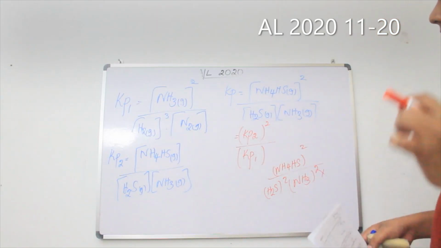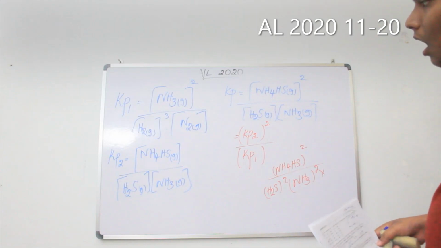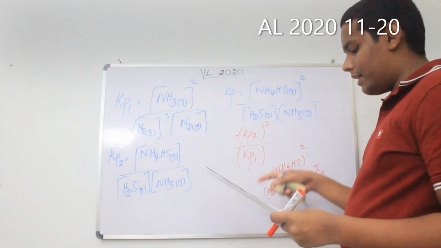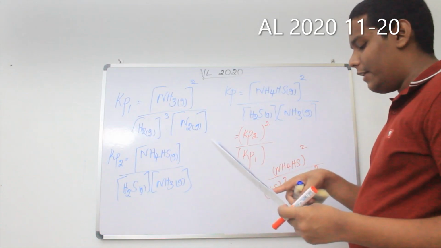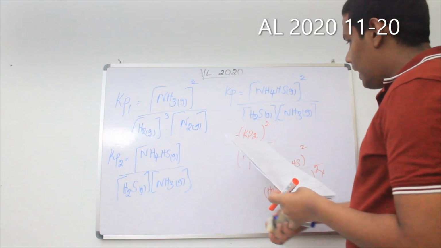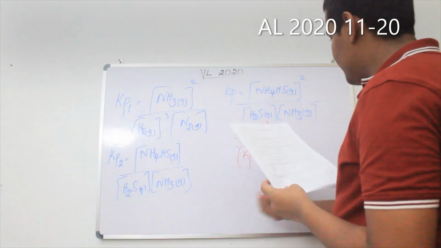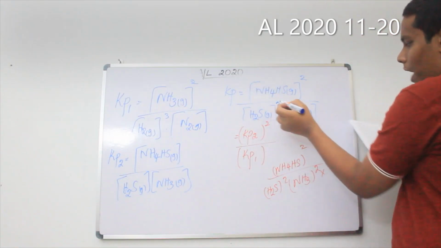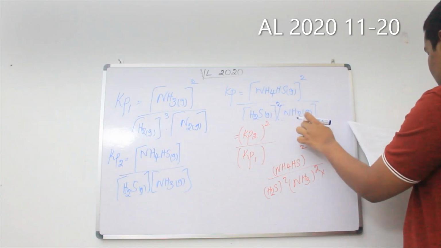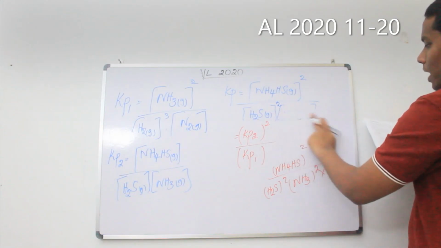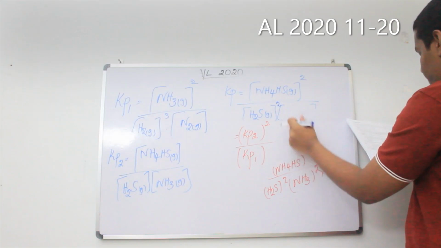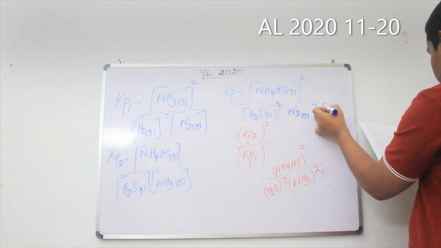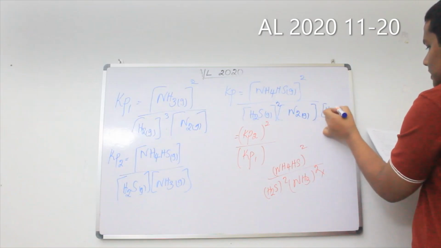Okay, then I have to cancel, wait, H2S, N2 gas and H2. So H2S squared into NH3 gas, H2S squared into N2 gas into H2 gas cube.